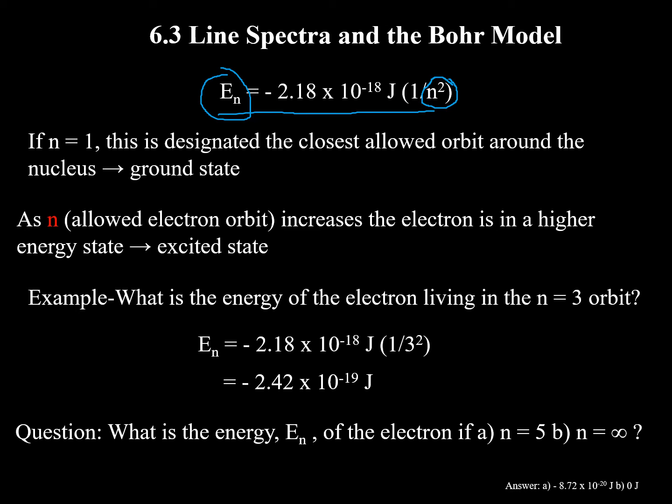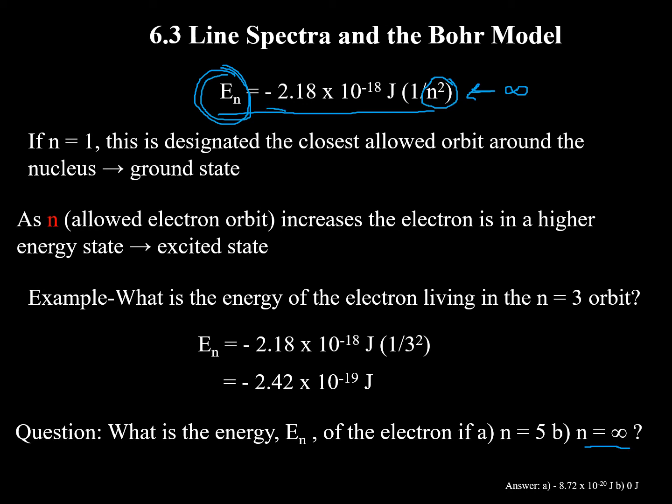If the value of n was infinity, E would be close to 0, because 1 divided by infinity is 0. So as you get farther away from the nucleus, the energy gets higher, where the maximum you can get is E equals 0. So yes, that means it is higher than all these negative values.